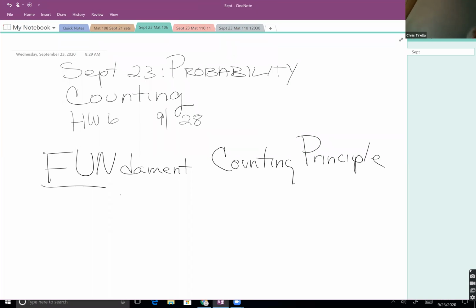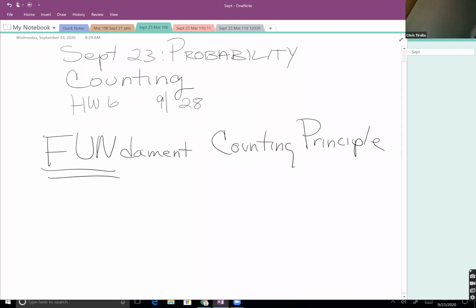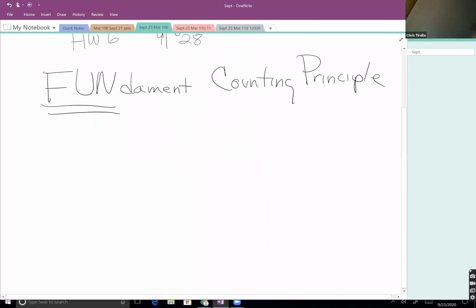And the reason I call it the fundamental counting principle is because usually it's fun. Usually this assignment is probably one of the least stressful for most students, actually, out of all of the ones this semester.